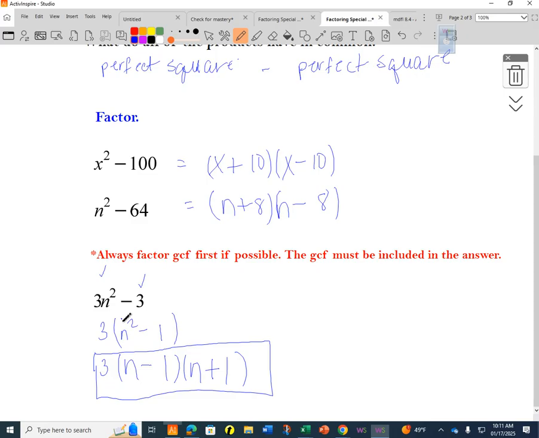On the front page of your homework, you have some squares. You do those just like you do the top part of the page. The side dimensions from the area, side times side, right? So it's just like the top of the page. On the back of the page, there are some others where you have to pull out a greatest common factor first, and then you have to figure out if it's a perfect square trinomial.